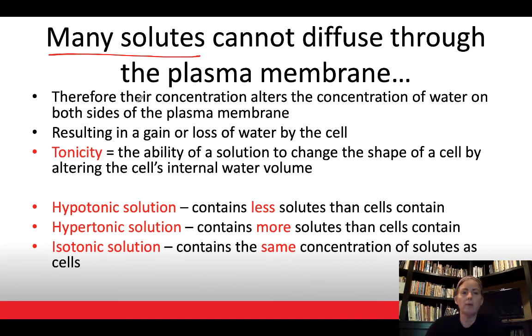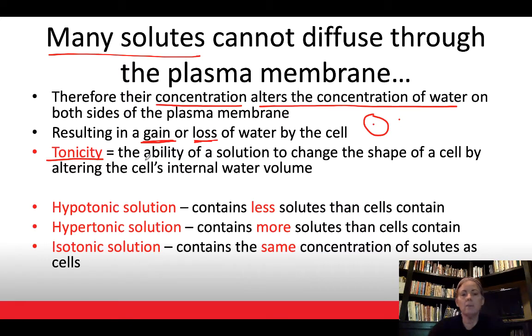So solutes of varying concentration are going to result in altering the concentration of water on both sides of the plasma membrane, whether inside the cell or outside the cell. And it's going to end up affecting the cell by allowing the cell to either gain water or lose water as a result. Okay? And so this is what we talk about when we talk about the topic of tonicity.